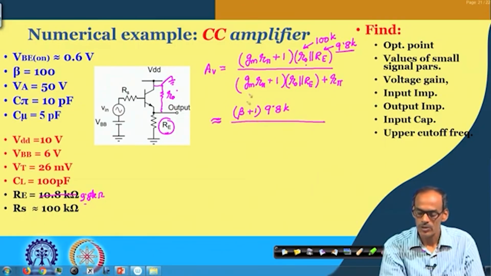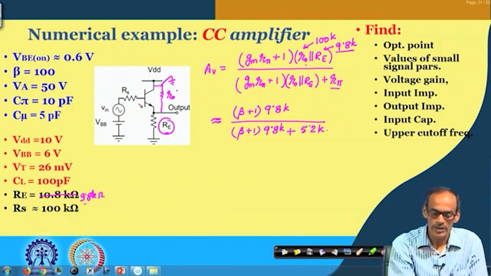Likewise in the denominator we do have beta plus 1 into 9.8 K, and then we do have R pi, which is 5.2 K. Note that this voltage gain is from this point to this point.